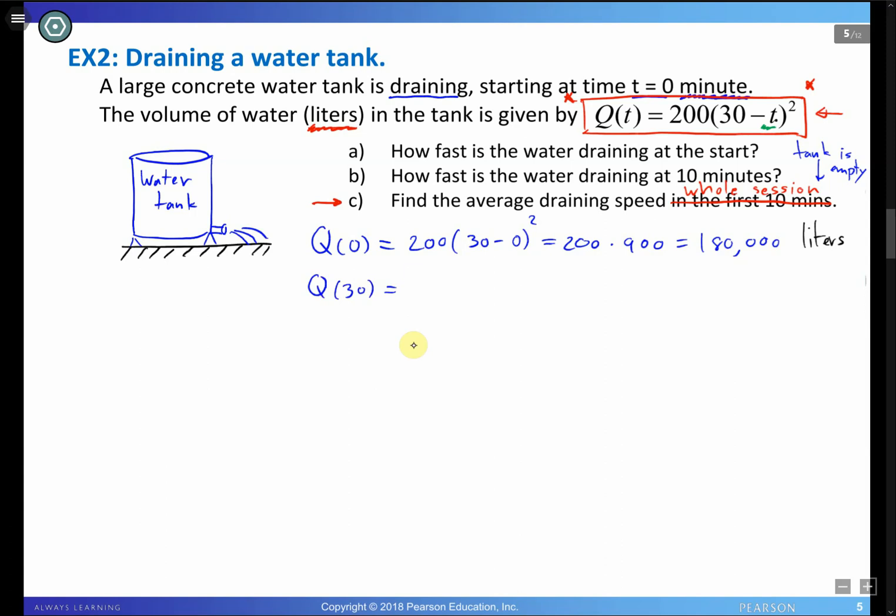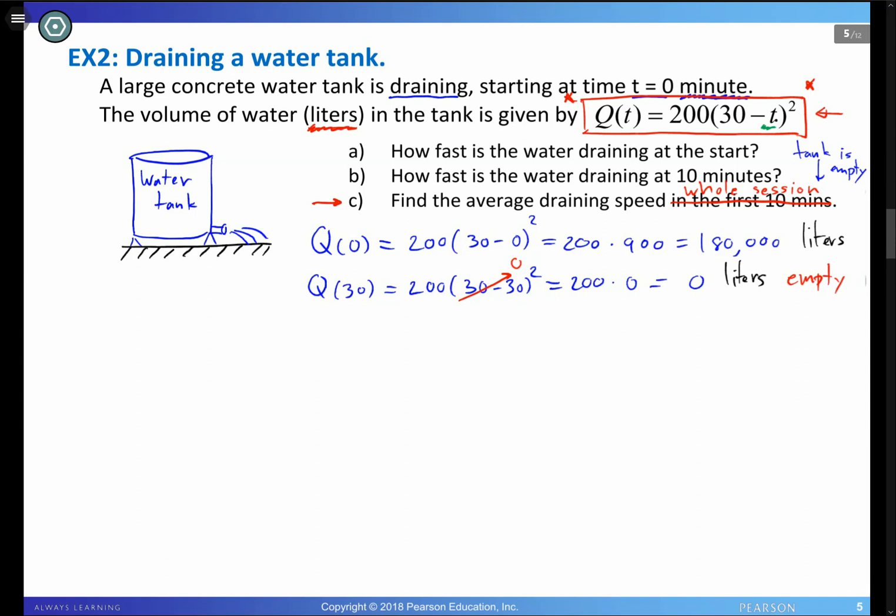It's going to be 200 times 30 minus 30 squared, so these two go to 0, and we have 200 times 0, which is equal to 0 liters. In other words, an empty tank, no water left. So the whole session is going to take 30 minutes, starting from 180,000 liters until nothing is left.